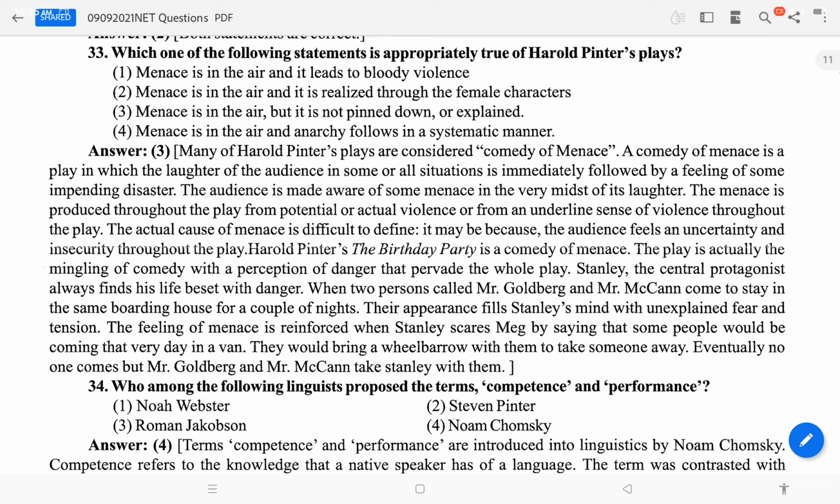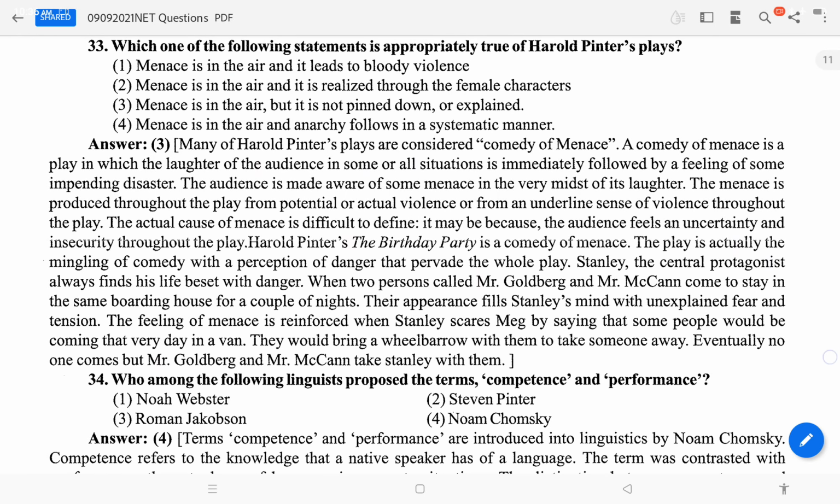The menace is produced throughout the play from potential or actual violence or from an underlying sense of violence. The actual cause of menace is difficult to define. It may be because the audience feels uncertainty and insecurity throughout the play. So menace is not a comedy. The audience cannot laugh, but feels bitter, feels the absurd, and feels uncertain and insecure.